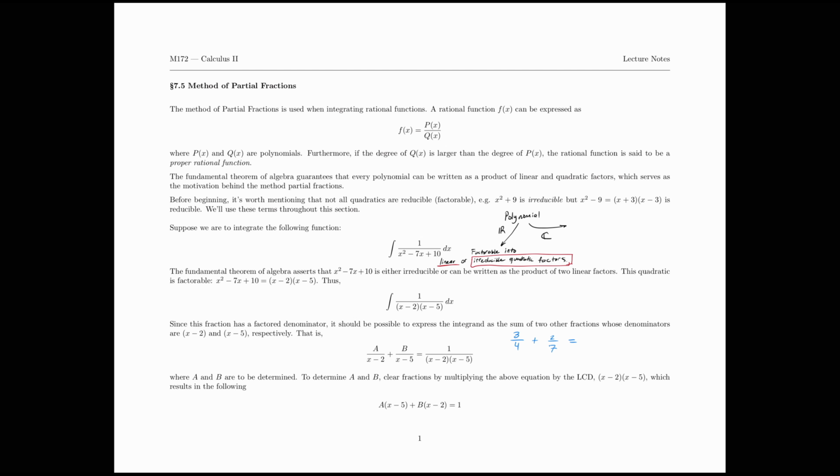And an easy way to obtain a common denominator without thinking about it is just to multiply each fraction by the other fraction's denominator over itself. So this fraction, 3/4, gets multiplied by the other fraction's denominator over itself. That will automatically create a common denominator. It just might not be the lowest common denominator.